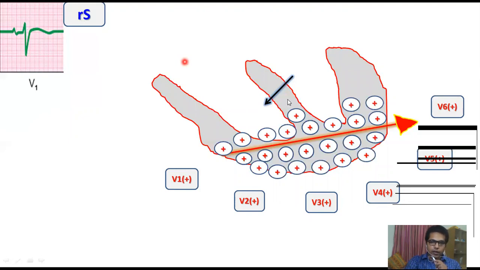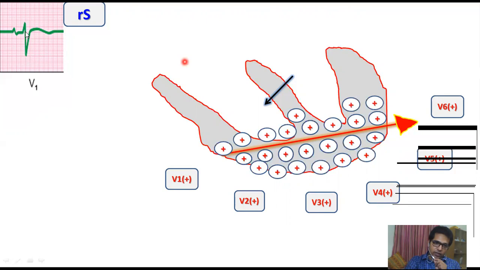Then when the major part of the ventricular depolarization occurs, the vector produced by the depolarization of the major part of the ventricle is moving away from the V1 and V2 leads. As this depolarizing vector is moving away from the V1 lead, it will record a negative deflection in the ECG wave, and any negative deflection after the R wave is called the S wave.